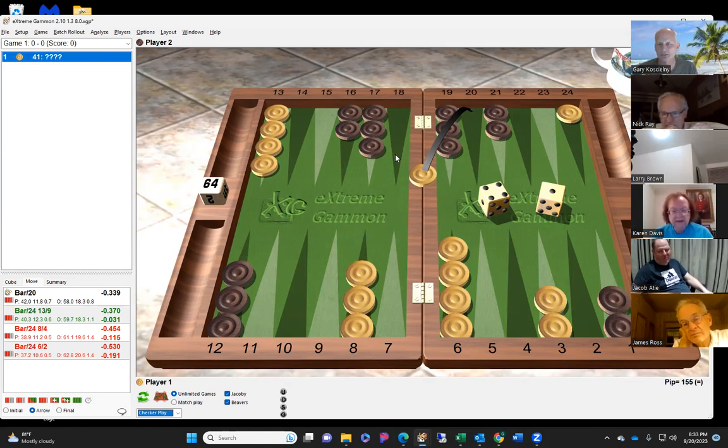I didn't check on this one, but often it's better to be on the bar to make some sort of advanced anchor than it is to be stuck with 2 checkers on the ace point, because then only double 2s and double 1s are the rolls that give you an advanced anchor. Well, either one will give you the 3-point, which is good.